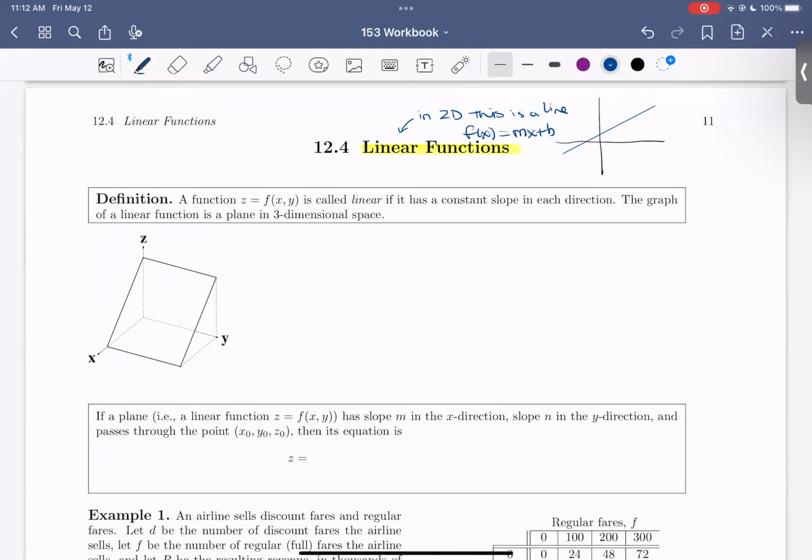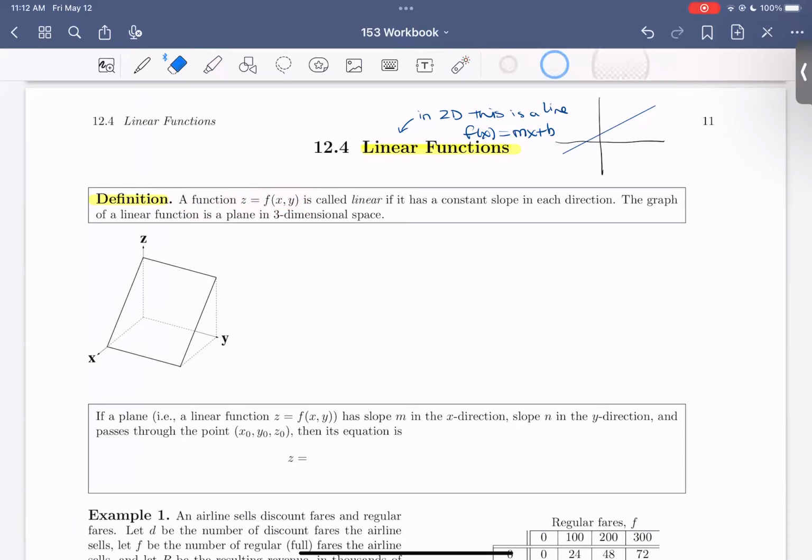All right, so now in this chapter, we're working with two variables, so functions where we have two inputs. So let's look at the definition of such an object, a linear function with two inputs. So we see a definition. A function, and this definition is actually more general, but we're just looking at when our output is equal to the function value where we have two inputs, an x and a y.